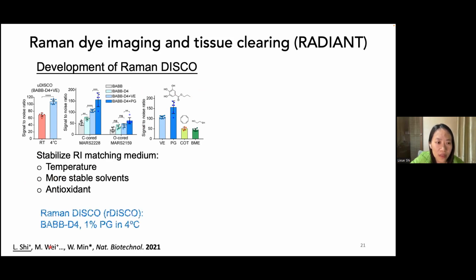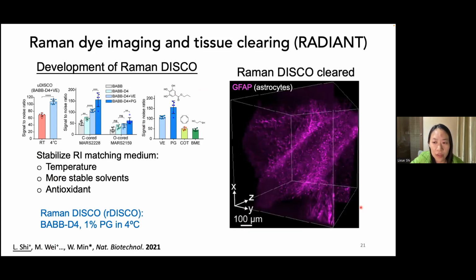So with this new, we call it Raman DISCO clearing recipe, the imaging depth was greatly improved. Here we demonstrated 1 millimeter thick mouse brain tissue imaging by looking at the Raman dye stained GFAP marker, which is a marker for astrocytes. The imaging depth of SRS was then extended by more than 10-fold.